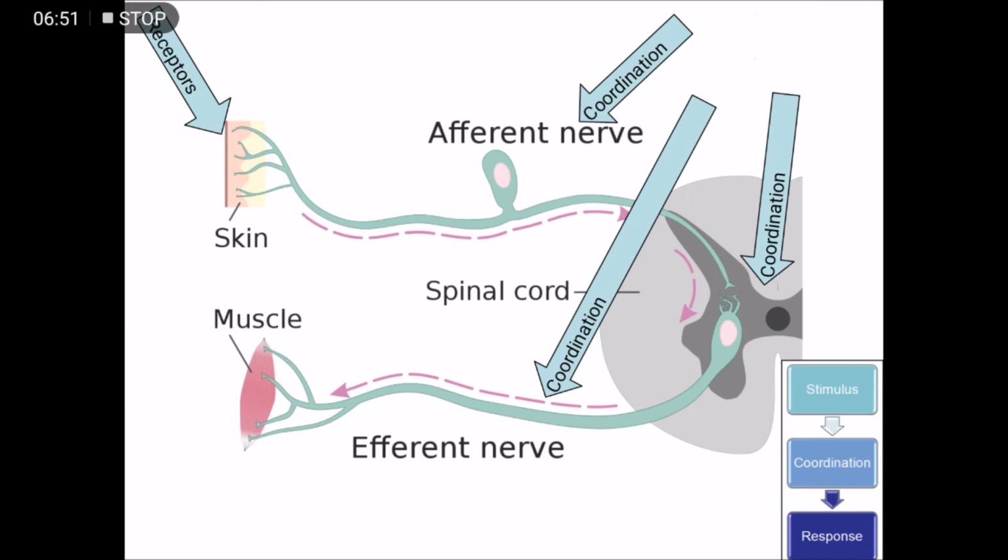So here we have 3 types or 3 ways of coordination. But since we are talking about nerve, coordination means where to go. Sometimes you will see a reflex action. A reflex action will just go to the spinal cord. Sometimes it will go to the brain. So that is the coordination that can be done. After that, from coordination, it will send to another nerve, the efferent nerve. From the efferent nerve, it will go to the response system.